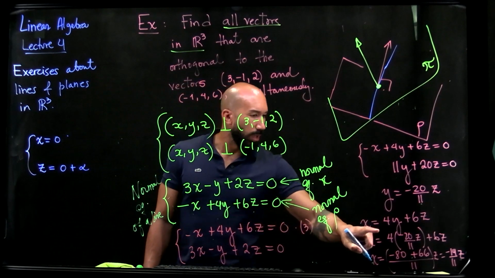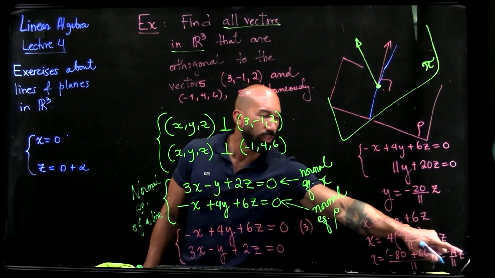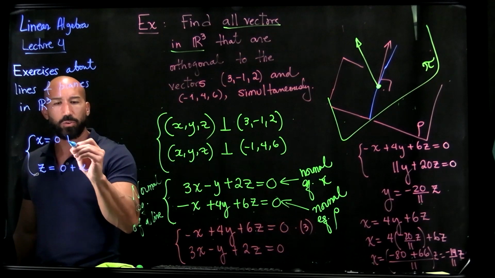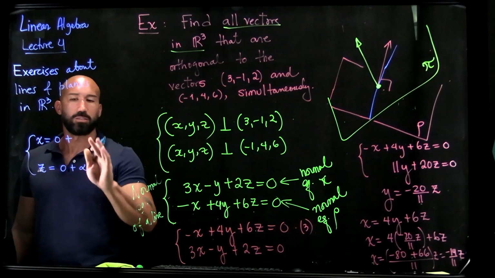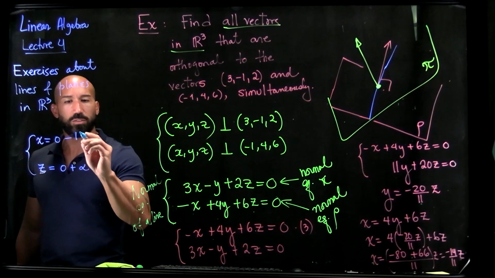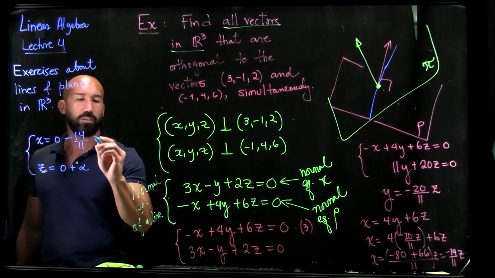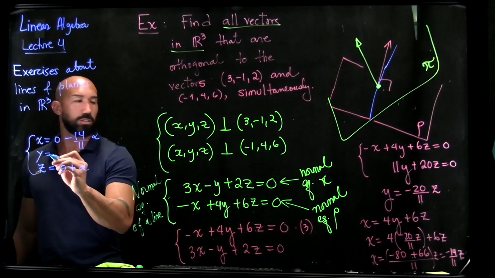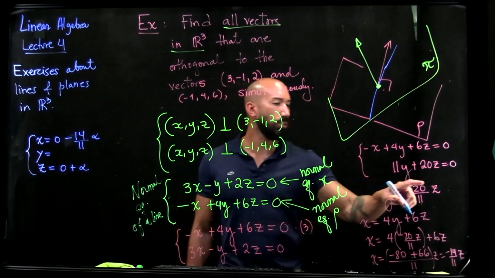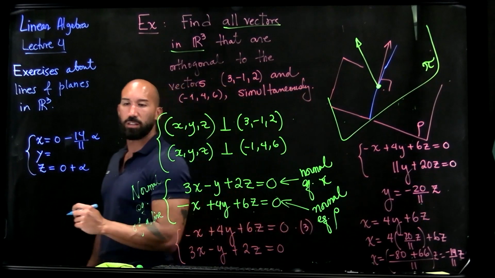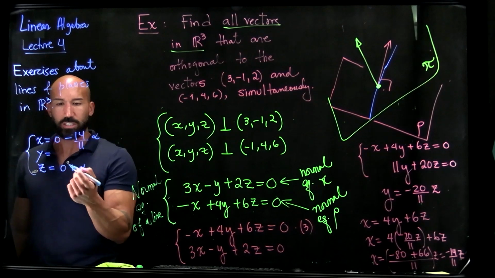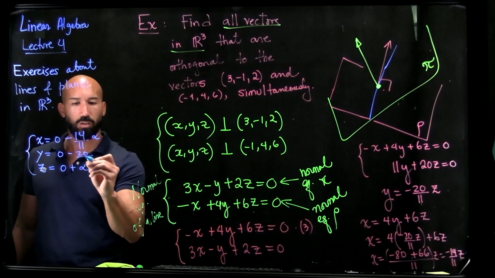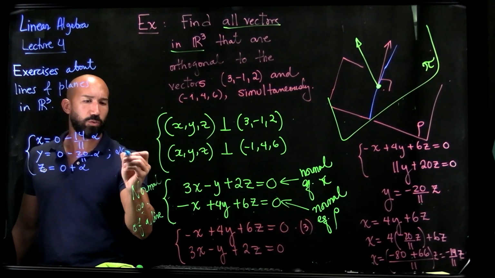And x is gonna be minus 14 over 11 alpha, which I can write as 0 minus 14 over 11 alpha, and y is equal to minus 20 over 11 alpha, because z is alpha, which I can write as 0 minus 20 over 11 alpha, where alpha is a real parameter.